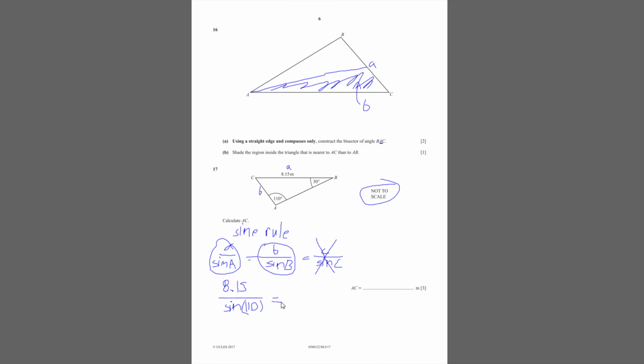And that is equal to b, which will remain unknown, over sine 30. Now keep in mind that in this case, b equals AC. So you can write it as b or as AC.